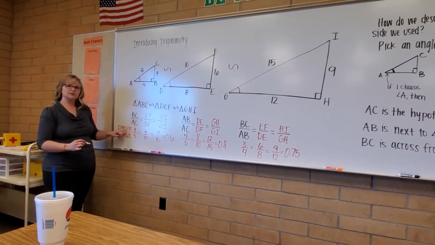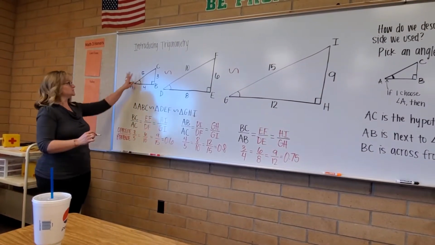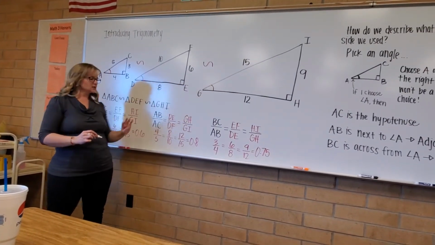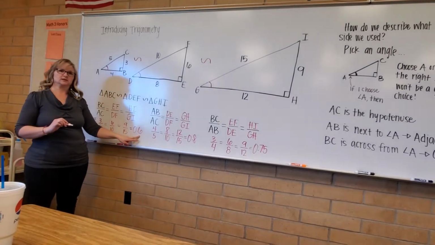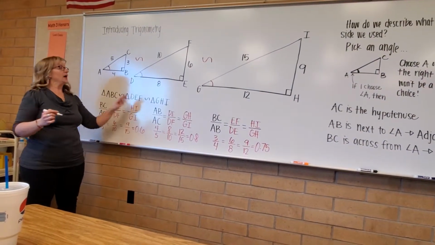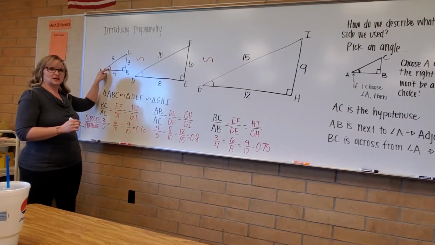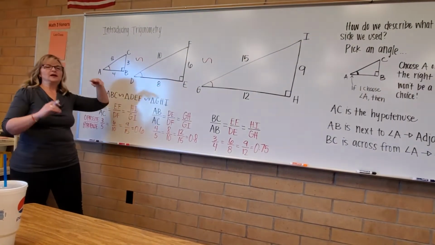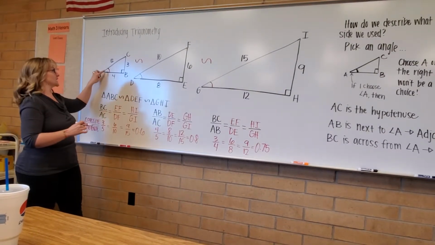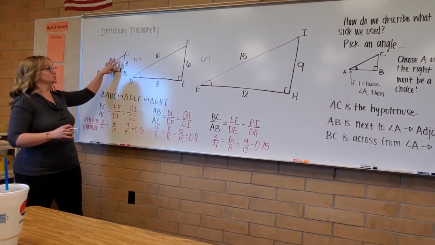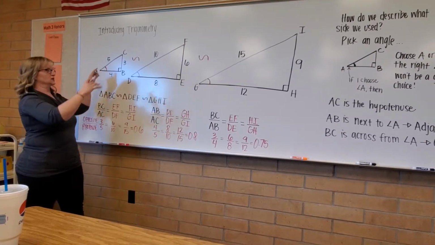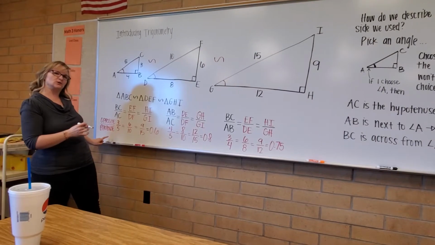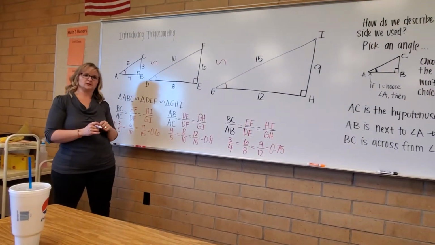If I do opposite over hypotenuse in this particular triangle, or this one, that ratio is always going to be equal to 0.6. If you think about any triangle with that same angle as angle A, we could create infinitely many triangles that have that same angle measure by just shrinking or enlarging this triangle over and over again. But that ratio of the opposite side to the hypotenuse will always be 0.6.